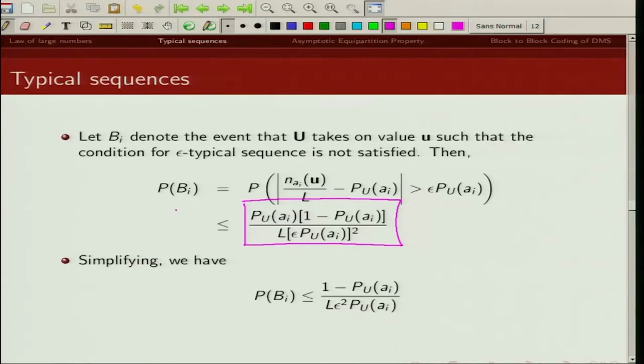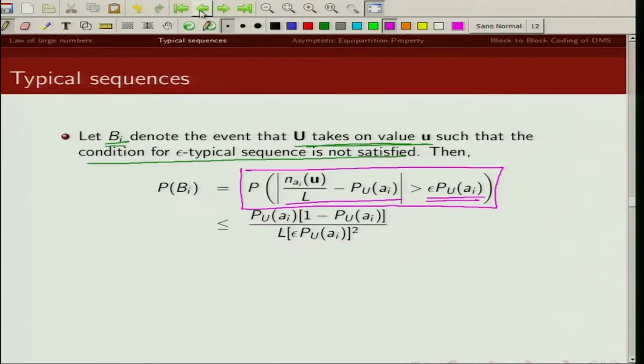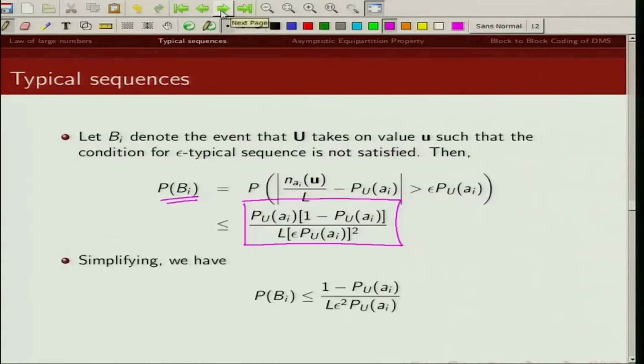So by doing this, we get this expression. The probability that u takes a value which is not a typical sequence: remember Bi is the event that this condition is not satisfied for Ai. Similarly B2 is the event when A2 does not satisfy the condition, and so on for all the K different symbols emitted by the discrete memoryless source.